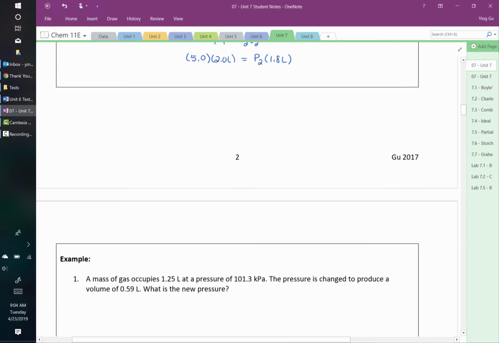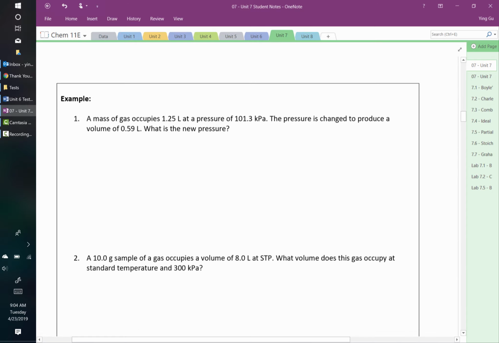Okay, let's have a look at 2 more examples of how this formula works. A mass of gas occupies 1.25 liters at a pressure of 101.3 kilopascals. The pressure is changed to produce a volume of 0.59 liters. What is the new pressure?